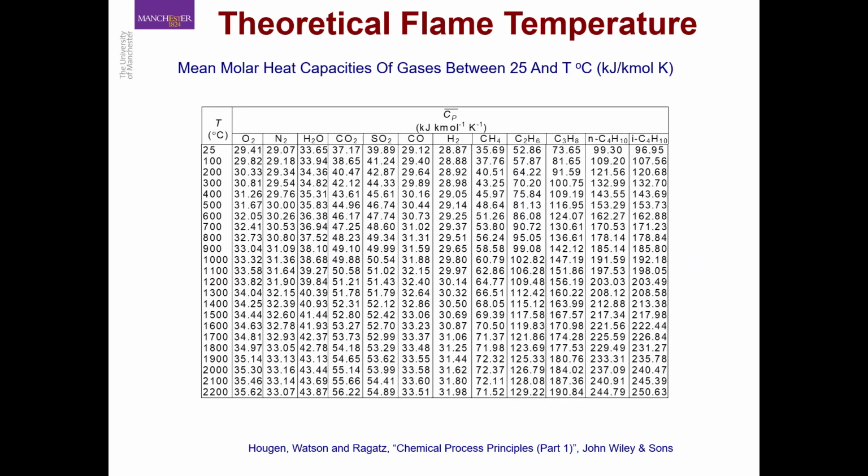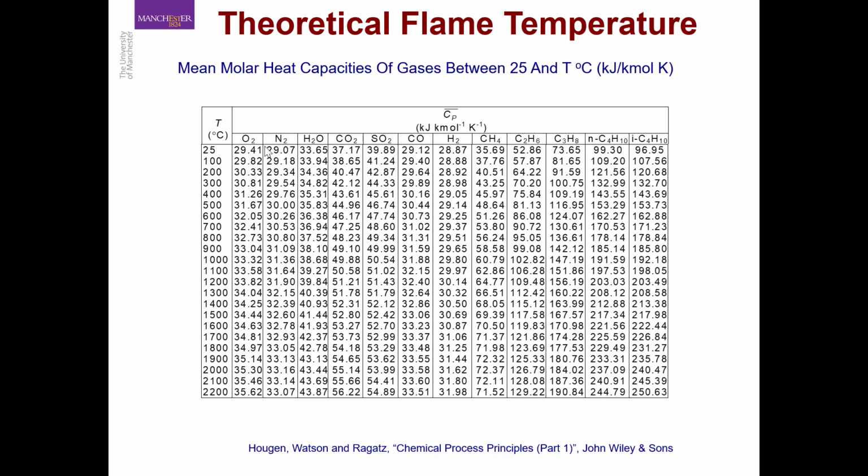And here again, I am just providing some of the mean values of Cp at standard conditions, going from 25 degrees centigrade to T, that is the temperature of your system. And here you can see that you have the temperature values changing from 25 to almost 2000 to 2200 degrees centigrade. And then you have Cp values for some of the most common gases present in the flue gas. So here you have oxygen, nitrogen, sulfur dioxide, and a range of natural hydrocarbons.